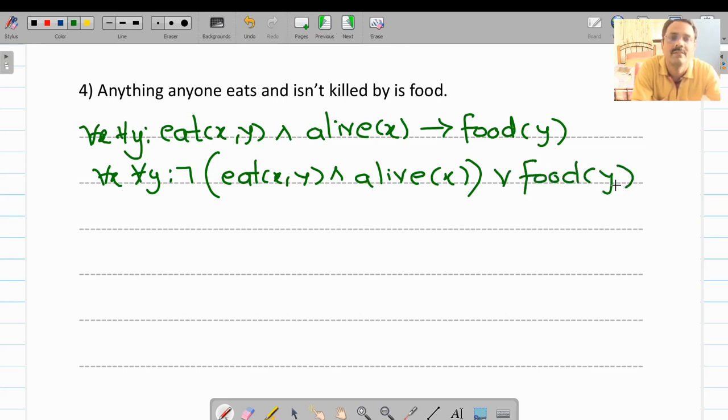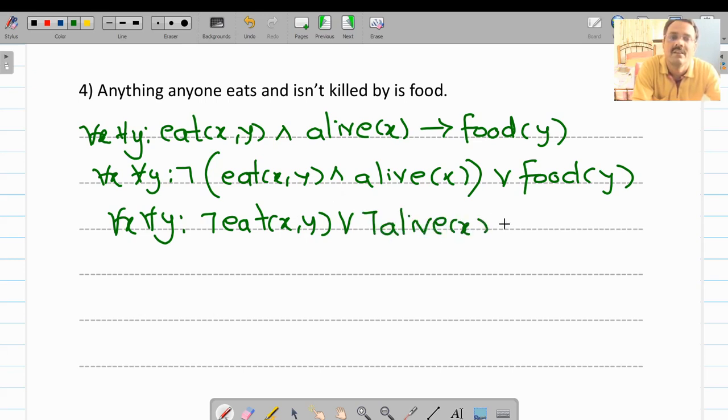Now De Morgan's law, reduce the scope of the not operator, so that will give you for all x, for all y, not eat x y or not alive x or food y.